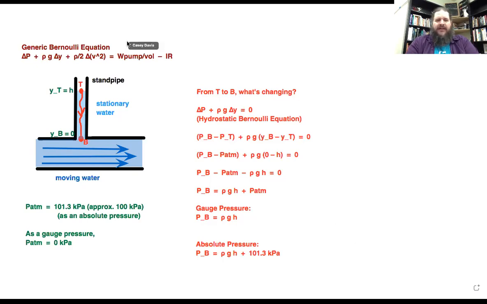However, if we're talking about a delta pressure, like let's say we're comparing pressure B with another point further down the line, if you're talking about a delta pressure, let's say pressure 1 minus pressure 2, let's say these are both measured in terms of gauge pressure. How would you convert them both to absolute pressure?